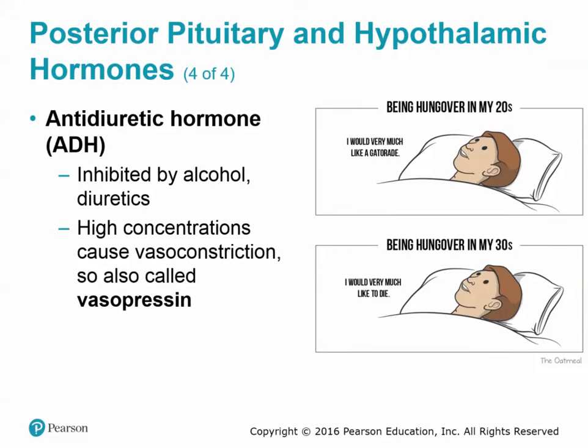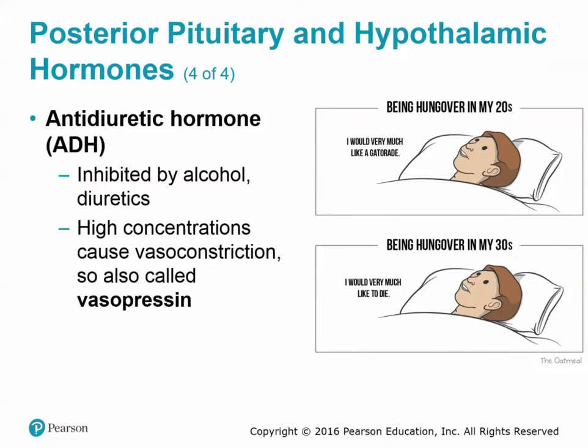If you've ever been drinking a few beers or some alcohol, one of the side effects is you have to pee a lot, because we're essentially turning off all of that ADH, so all of our water just goes right through our kidneys. This would also contribute to hangovers the next day. Essentially, you're dehydrated because you've lost your ADH and you've lost too much body fluid.